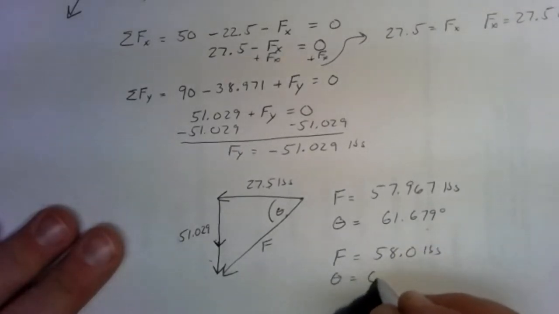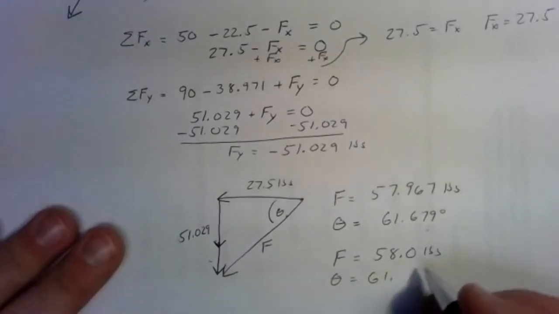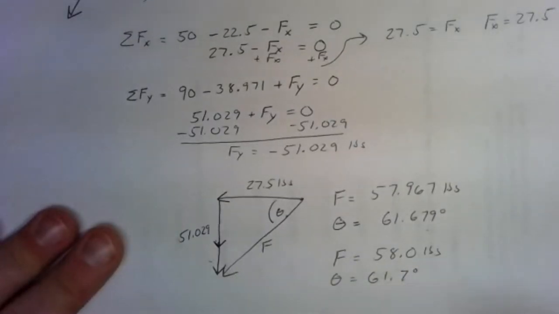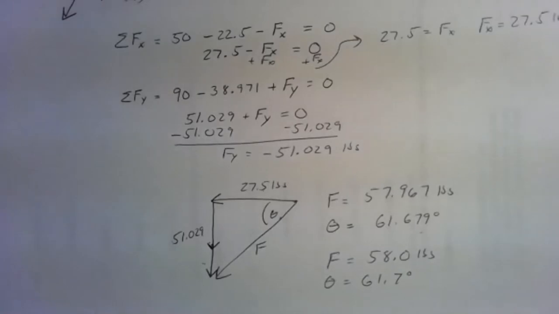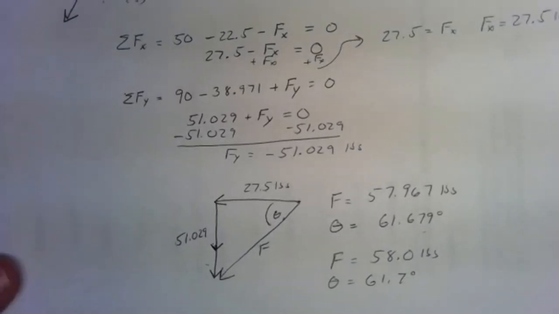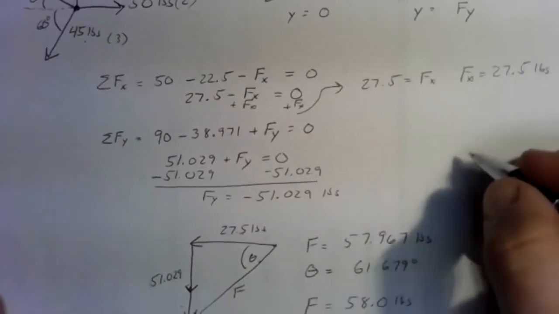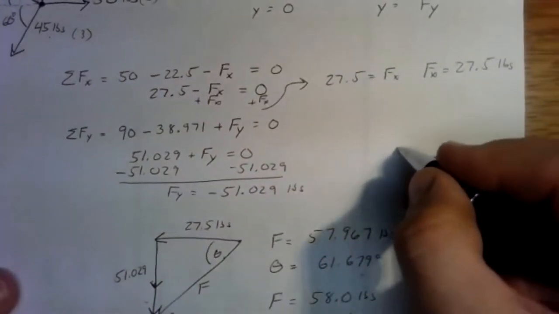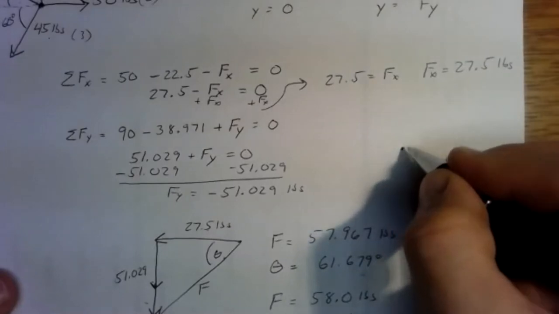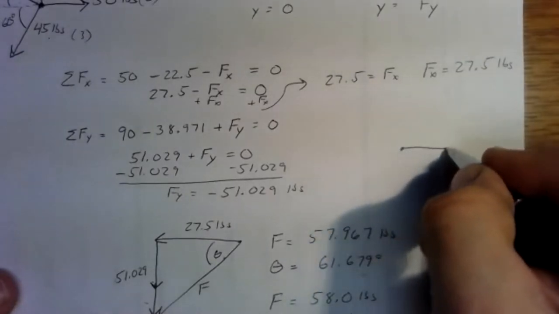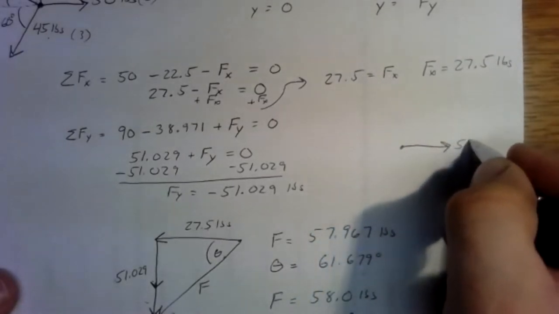And our angle 61.7 degrees. Now, if you really want to be clear about it, you can go back and redraw the free body diagram to make sure that it's clear what it should have looked like if you made the right assumption at the beginning. It's not necessarily something you have to do, but it's not wrong to do it.